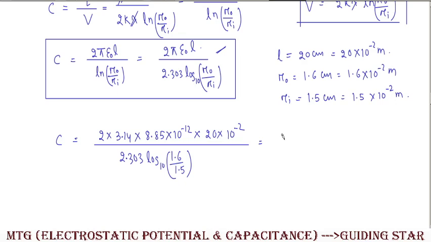So if that is very, very small, then in that particular case we'll write over here: it will be 2 into 3.14, so approximately 6.28, into 8.85 into 10 to the minus 12, into 20, so it is 2 into 10 to the minus 1, so 10 to the power minus 1 plus minus 12, it will be 10 to the minus 13, all divided by 2.3 into this particular value. Let it be 0.03, nearly equal to.